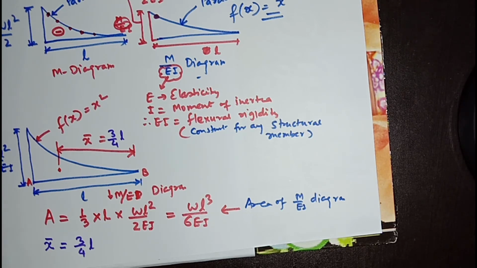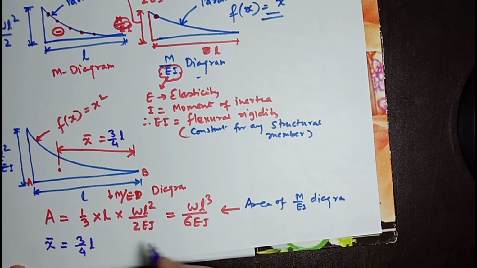We will give you the general formula to find the area and centroid of any curve which may be a function of x square, x cube, x to the power 4, or any x to the power of n. Any kind of curve you can handle with this general formula. You can find out the centroid as well as the area.